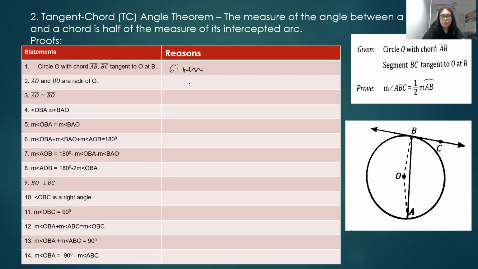And then AO and BO are radii. So we constructed AO and BO. So we can write construction here. And then AO is congruent to BO. The two are congruent because radii of the same circle are congruent.